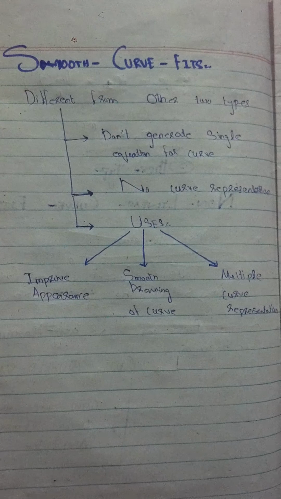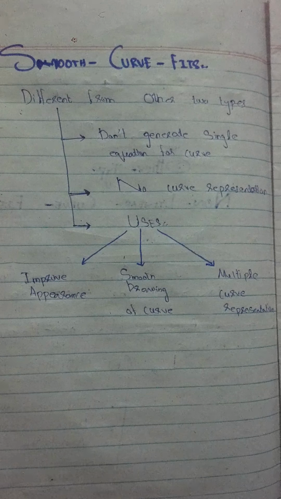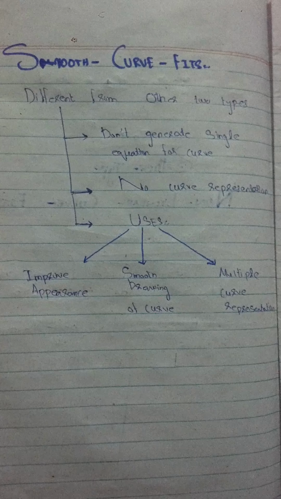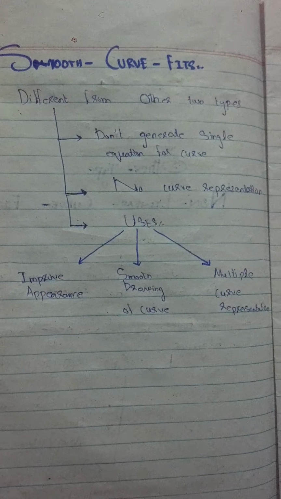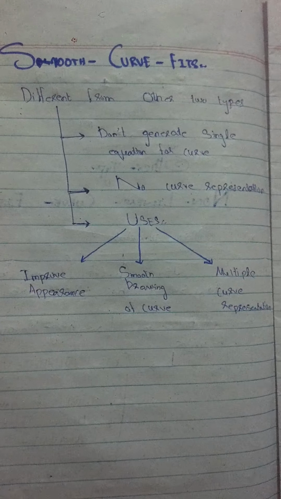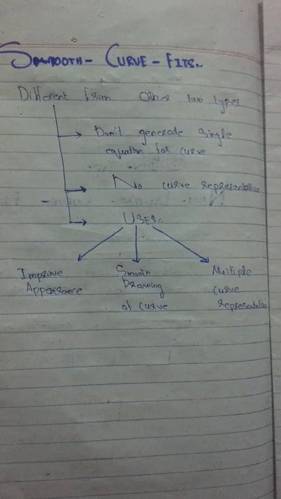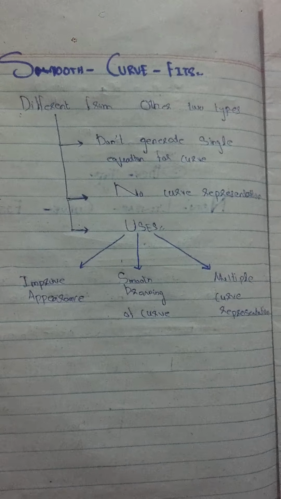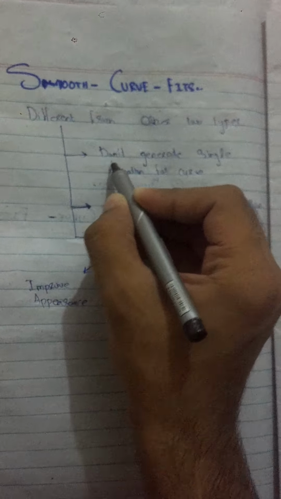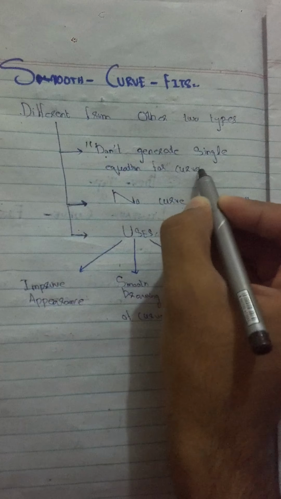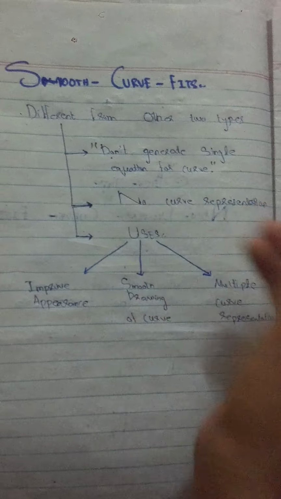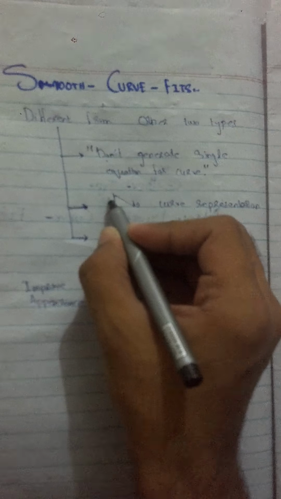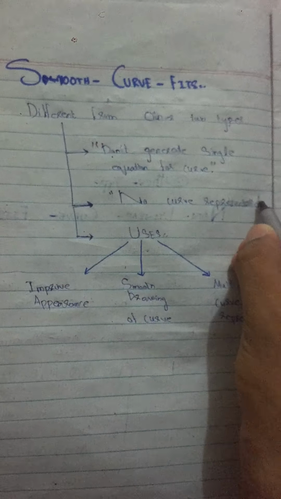There are multiple equations, and these are very useful just to improve the appearance of the plot or draw a smooth curve. As it is written over here, they don't really generate a single equation. It can be multiple equations.